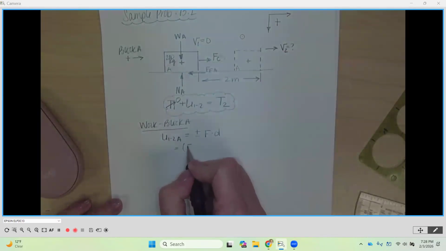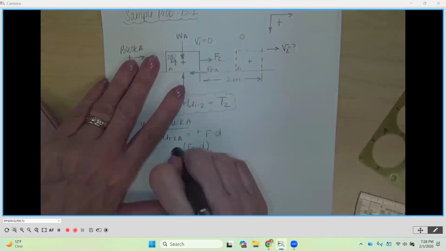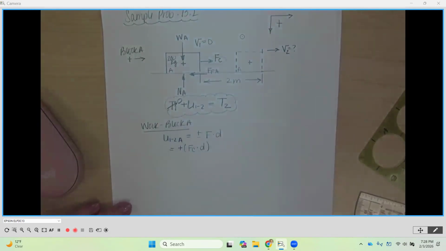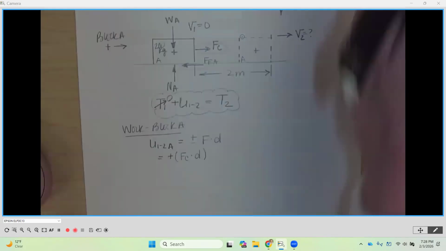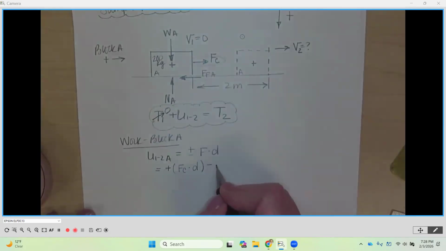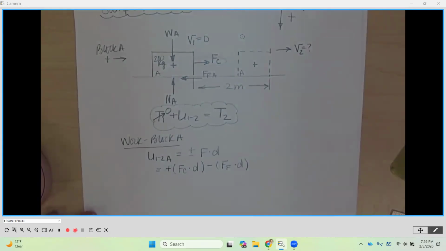That's going to be FC times D. It is going to the right, so I'm going to put a positive out front. You wouldn't have to, because a positive is assumed. And then I've got a friction force going to the left, so that's going to be minus friction force times that sliding distance. And we know that to be 2 meters.